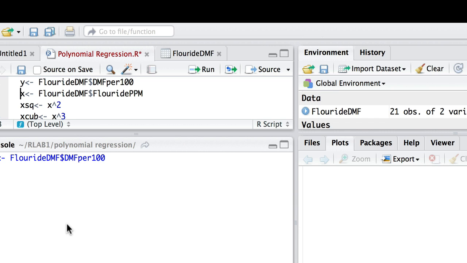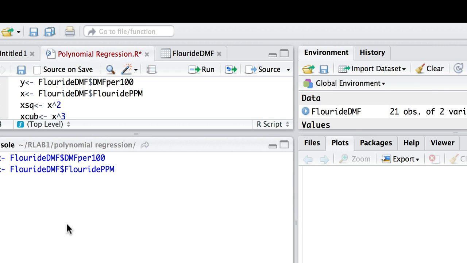In terms of fitting a model, first of all, we need a y response variable, and that is the decayed and missing teeth index. We also need a predictor variable, and that's the fluoride concentration in parts per million. Now, to fit more and more complicated models, it will help to define x squared and x cubed.